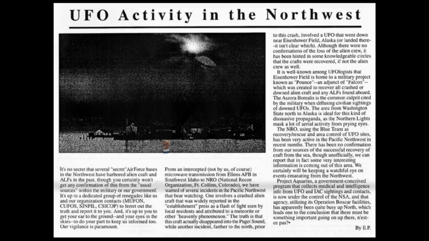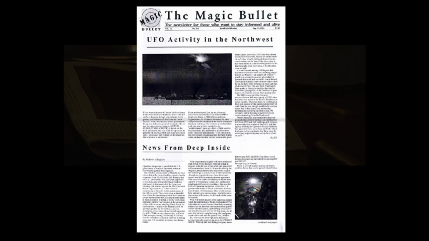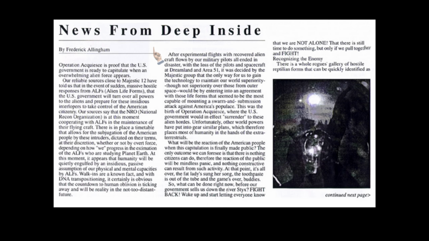Again, you can pause it if you want to read it. There's no secret, that's several secret Air Force bases. This is something he would certainly read for sure. News from deep inside. Operation. Proof that the U.S. government has captured an overwhelming alien force appears. Says fight back.